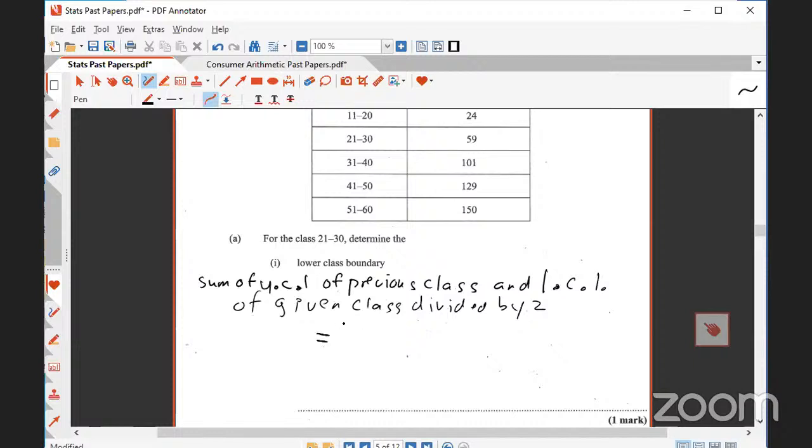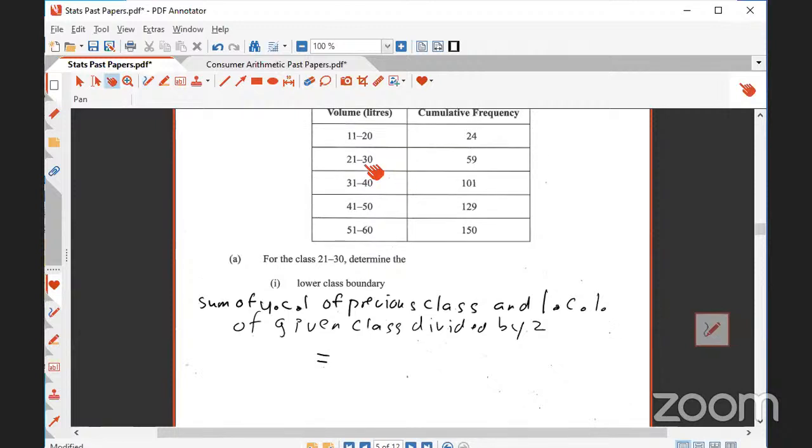All right. So what is the upper class limit of the previous class? They said 21 to 30, which is this class right here. The previous class is the one that came before. The upper class limit is basically the bigger number, so it would be 20, plus the lower class limit of the given class. The class we're talking about is 21 to 30.